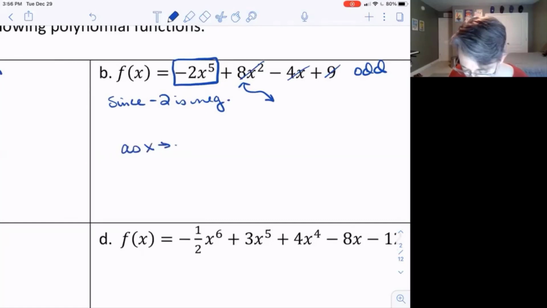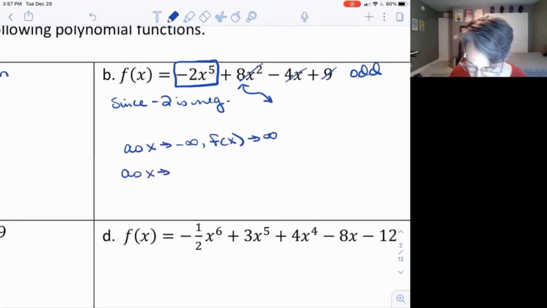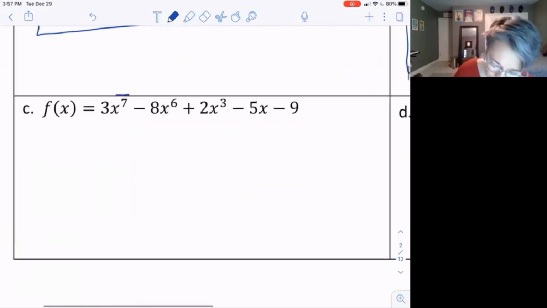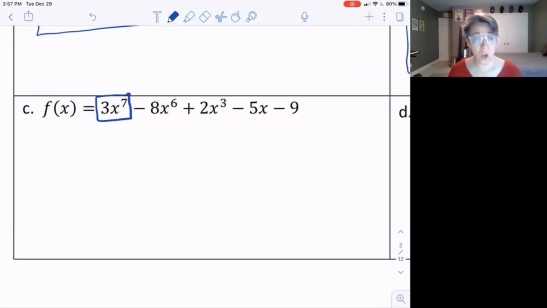As x goes towards negative infinity towards the left, the function is going up towards positive infinity. As x is approaching positive infinity towards the right, f of x is going downwards towards negative infinity. That's the end behavior. For C, again, it is odd.